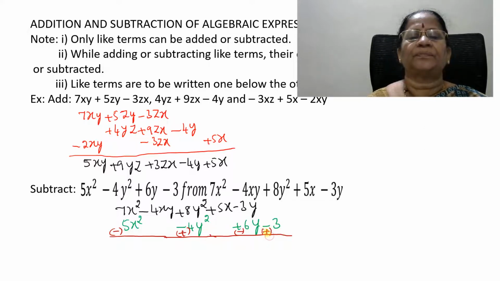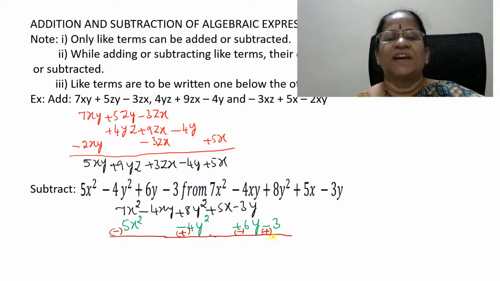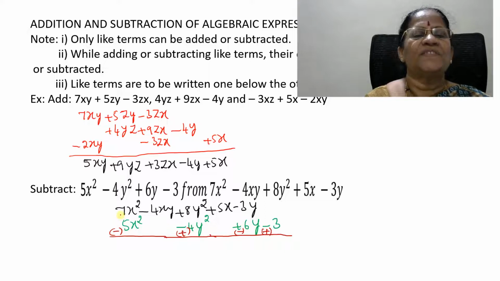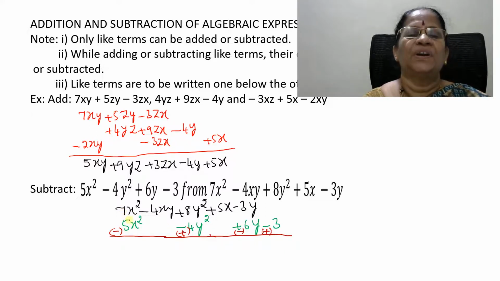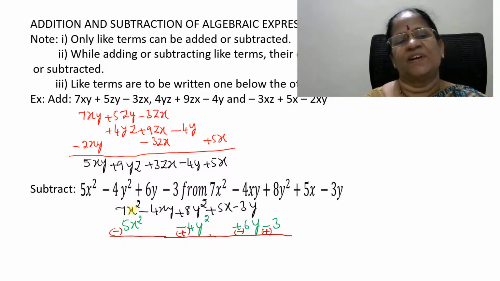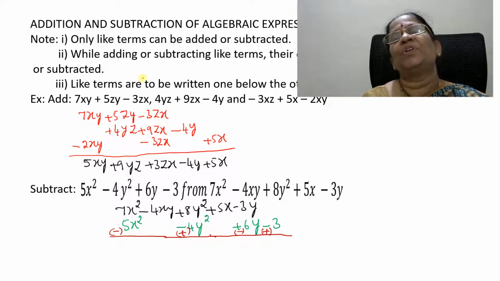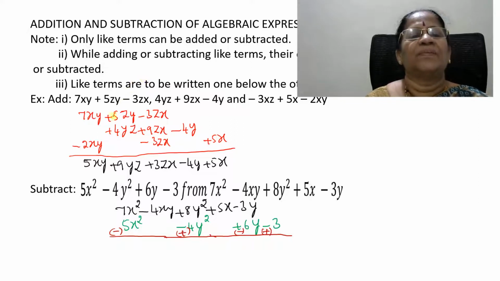Once you change the sign, you should not consider the original sign, right? Now plus 7 and minus 5, again you need to find the difference of these two. You are finding the difference of the coefficients of the variables, right? That means you are following the first rule, that only like terms can be added, and the second rule, that while adding or subtracting the like terms, you need to find the addition or subtraction of their coefficients.